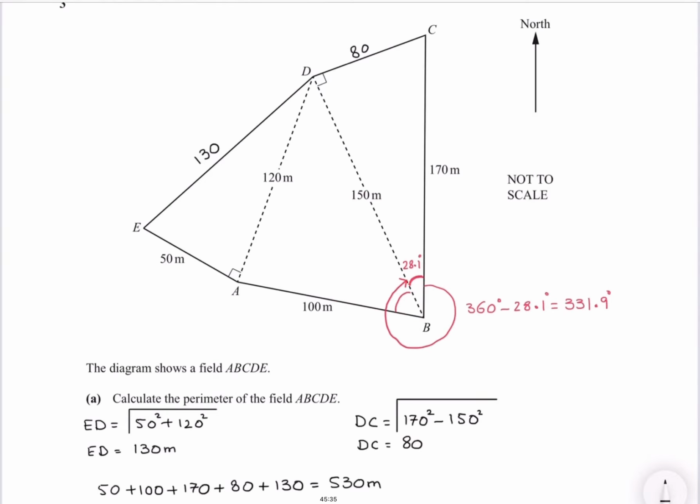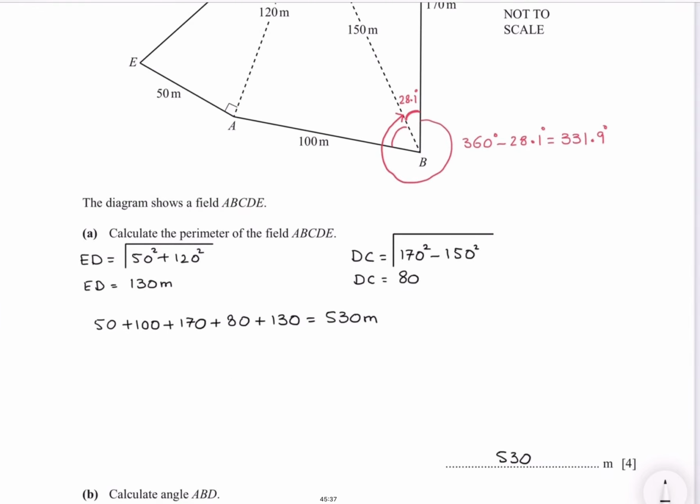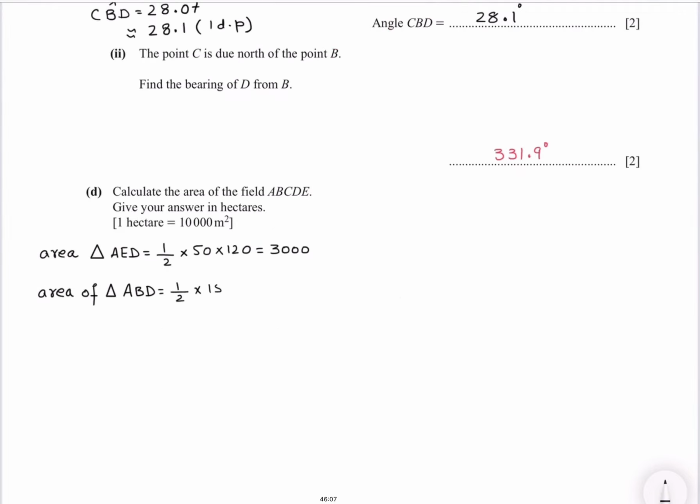Second one, use the included angle formula because this is not a right angle triangle. So we can use 1 over 2 into side into side into sine of theta. So 1 over 2 into 150 into 100 into sine of 52.9. So this is 5981.87.